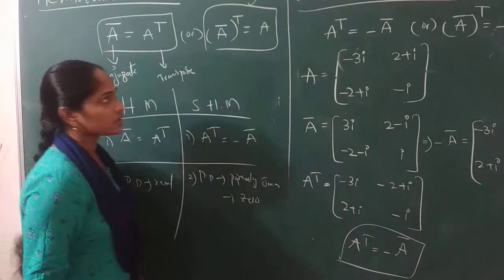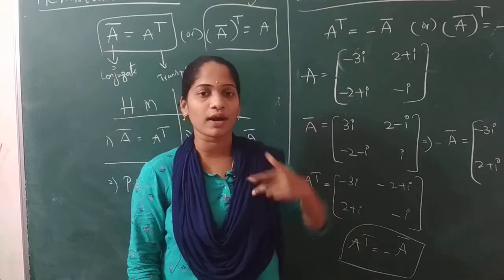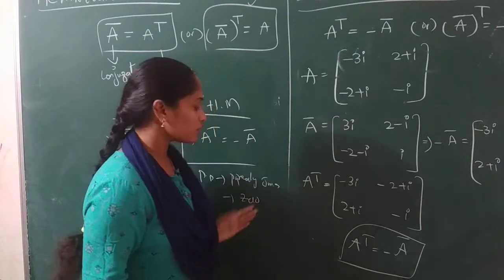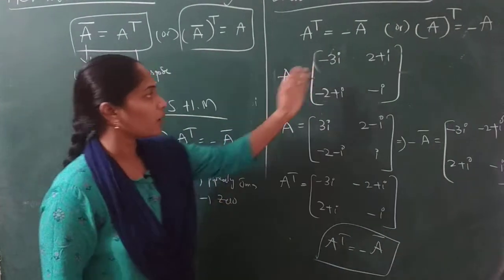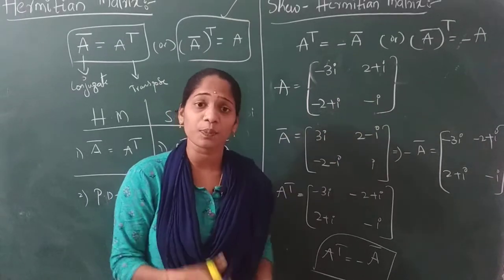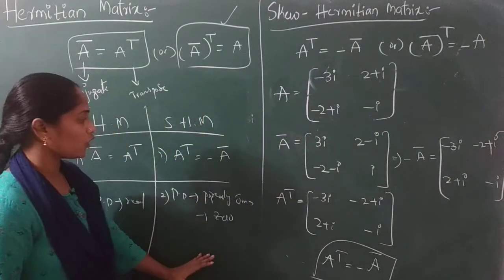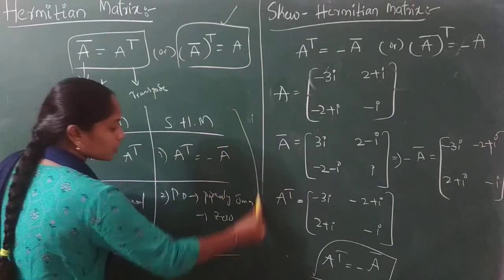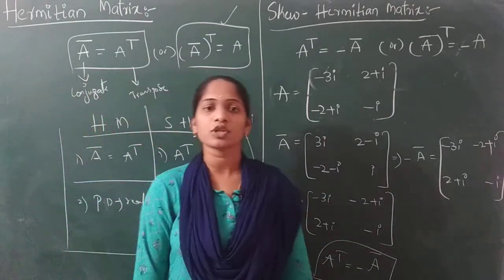We have already discussed this in the skew-symmetric matrix: in skew, all the diagonal elements are 0. Here also it is the same; it may be 0, but it may also contain purely imaginary numbers. So this is your Hermitian and Skew-Hermitian, which is a most important topic.